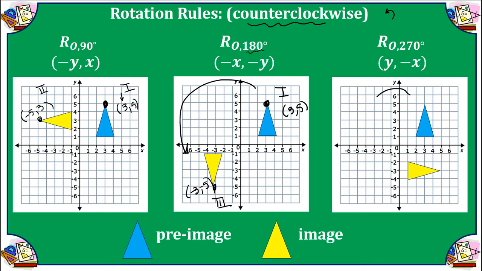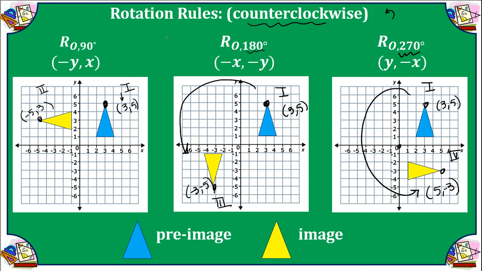Then we have 270 degrees, which is moving 3 quadrants around the origin. We went from quadrant 1 all the way to quadrant 4. We still have our (3, 5), and with a rotation counterclockwise, we are now at (5, -3). So when it's 270 degrees counterclockwise, the y value stays the same, but the x value changes to the opposite, and then they swap positions.